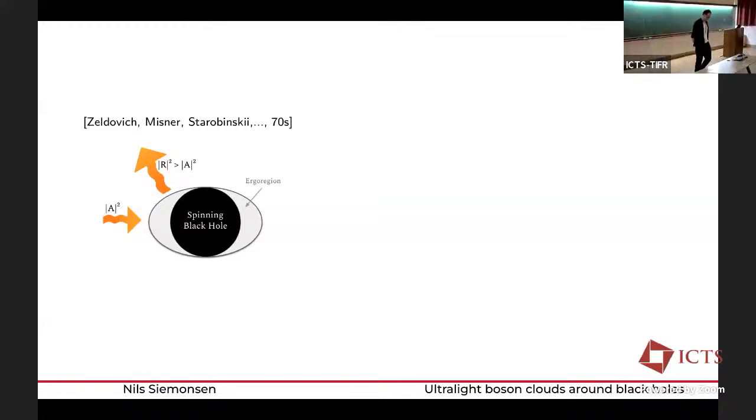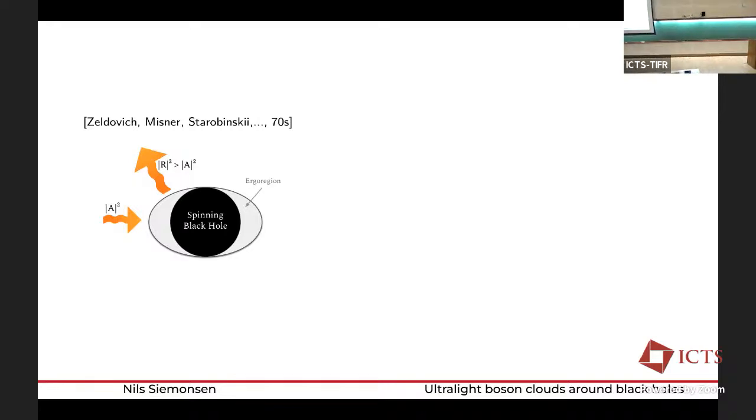Okay, so it's of course about black holes, and we'll get to the ultralight boson part, but let's first focus on black holes. Back in the 70s, a bunch of people, including some of the people named here, were considering rotating spacetimes in general and rotating black holes in particular. What they noticed is that in particular situations, you can have a pulse of some wave coming in onto a rotating black hole and then scattering off it in a particular way, all of which we'll understand in the next couple of days.